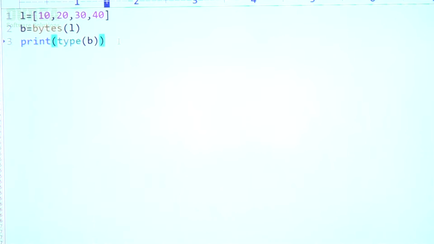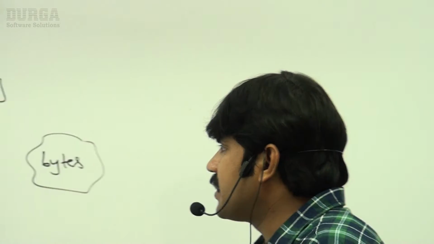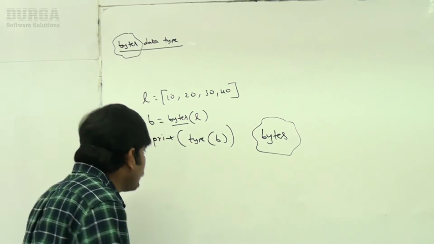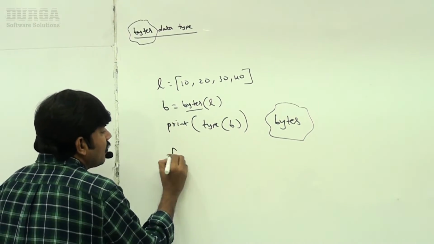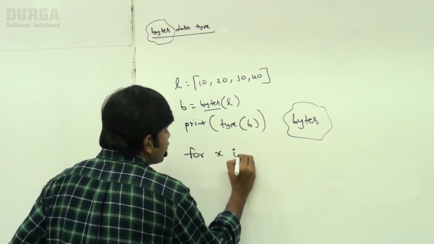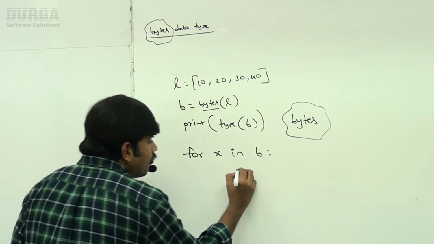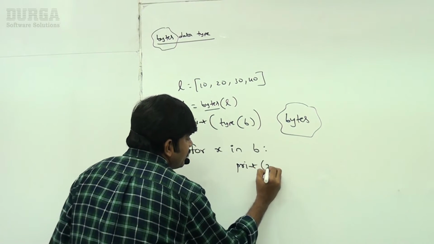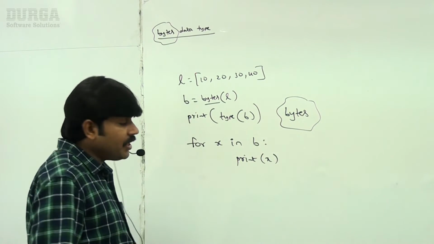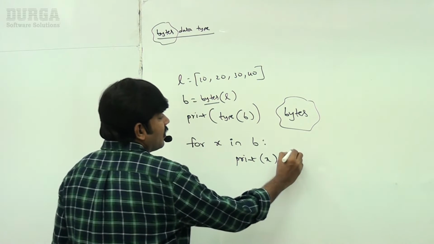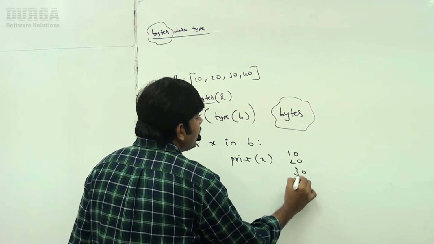Now I want to print all the values present inside this B. What is the option? For each x value in B, print x.